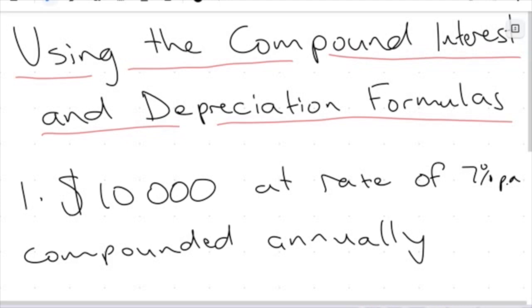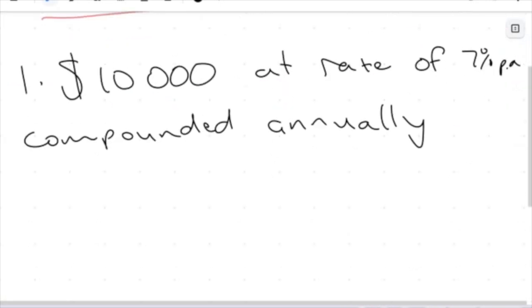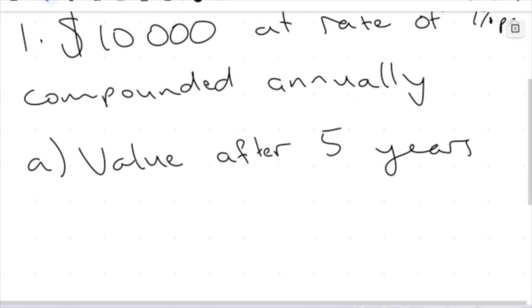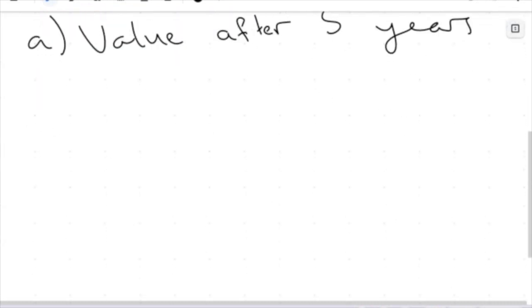So from the example we did in the compound interest video, we can just use our formula normally. And we want to find, part A, the value of investment after 5 years. And question B, we want to find the interest gained.